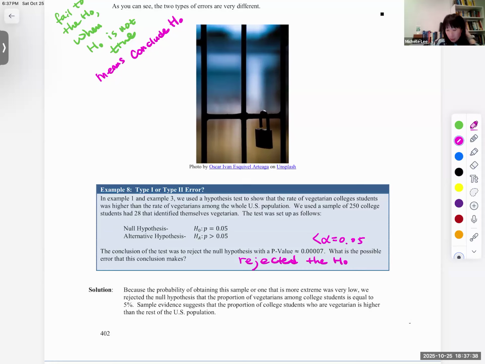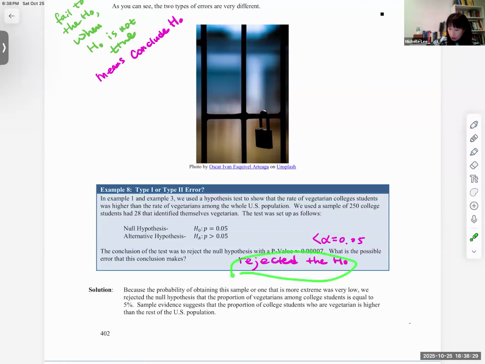So what possible error can we make? We can make the error when the null hypothesis is true, then we rejected the null hypothesis, right? And that is the error. Can you see that?